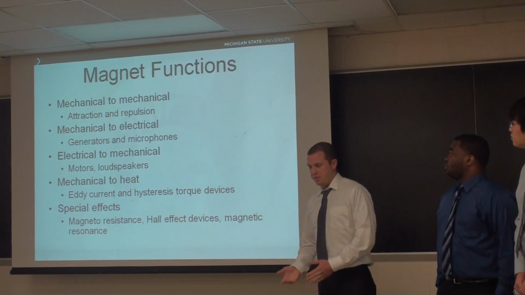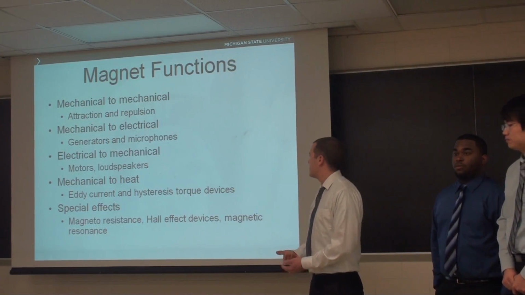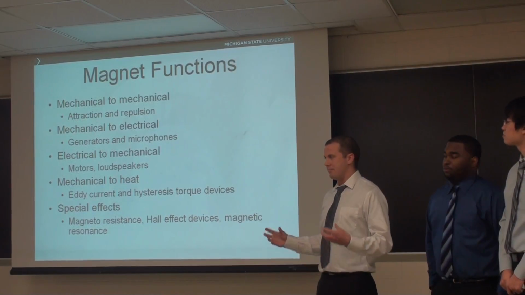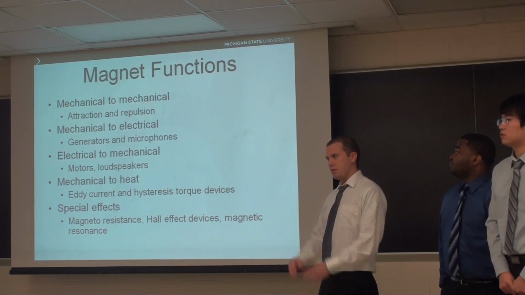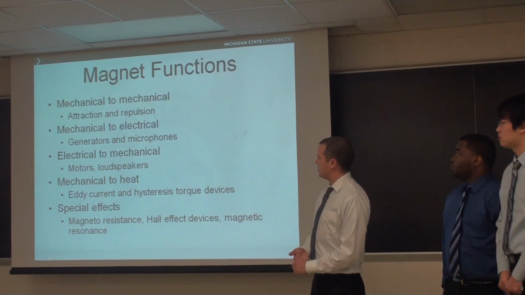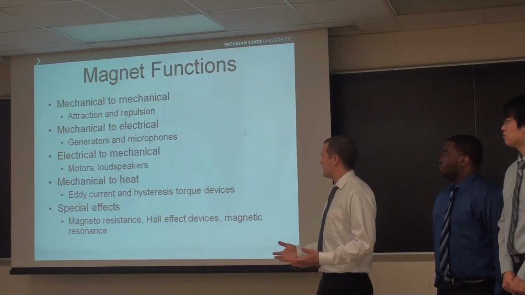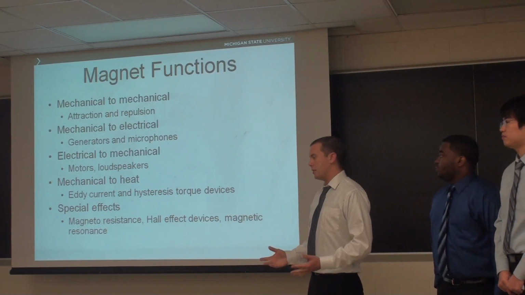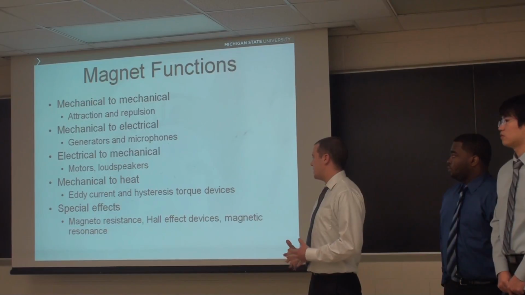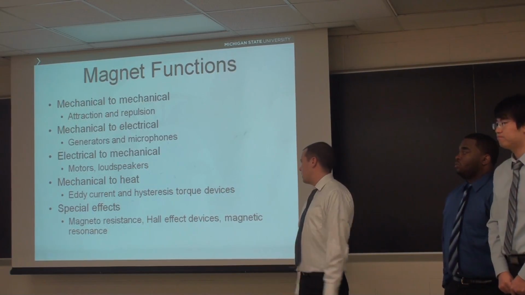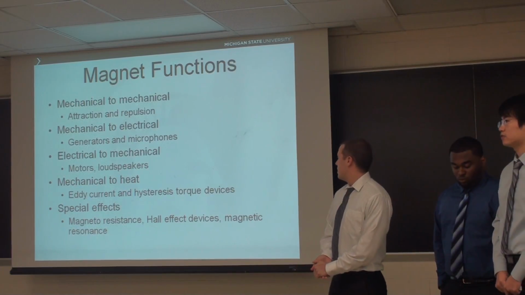Some examples of functions that magnets can be used for: mechanical to mechanical, as in two magnets clunking together, things like that. Mechanical to electrical: generators and microphones, things that everybody uses. Electrical to mechanical: motors, loudspeakers. Mechanical to heat: eddy currents, induced currents from magnetic fields.